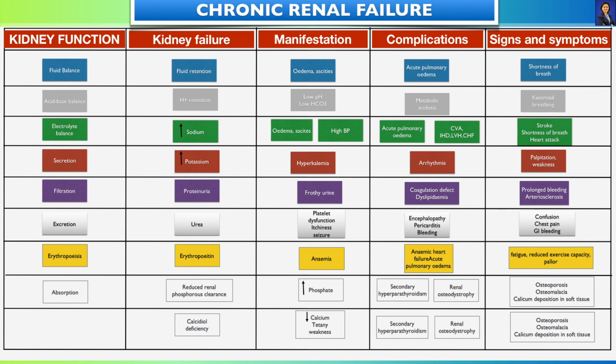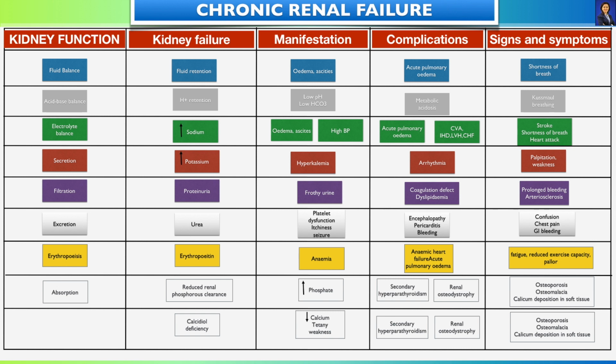If electrolytes become imbalanced, H plus will be retained in the body, which will trigger metabolic acidosis. Other electrolytes such as sodium will be retained in the body and, together with the fluid retention, end up in edema, acute pulmonary edema, heart failure, and cardiovascular diseases.